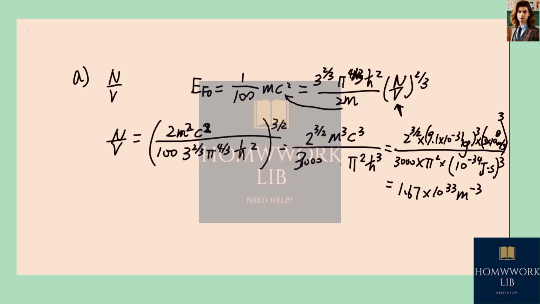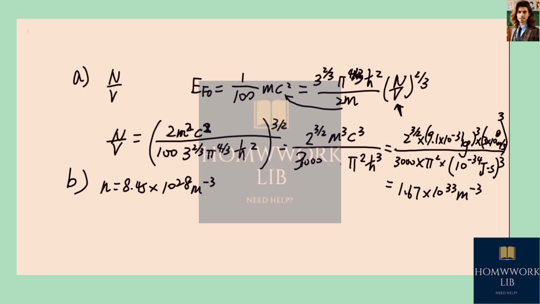All right, so let's move on to part B. Part B says if we ignore relativistic effect in a metal such as copper, then the electron concentration small n is 8.45 times 10 to the 28 per meter cubed.